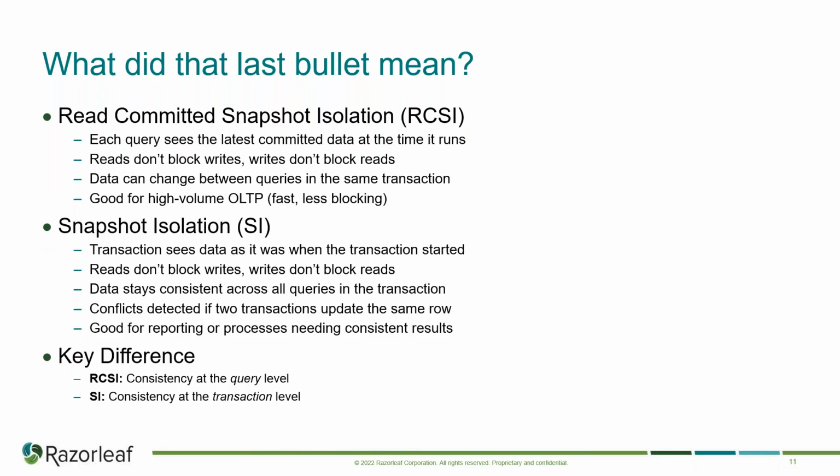So data is going to stay consistent across all the queries in that transaction, while in read committed snapshot isolation, that data can change between queries. If conflicts are detected in those two transactions with snapshot isolation, it's going to block that read and write and trigger an error to your SQL administrator.